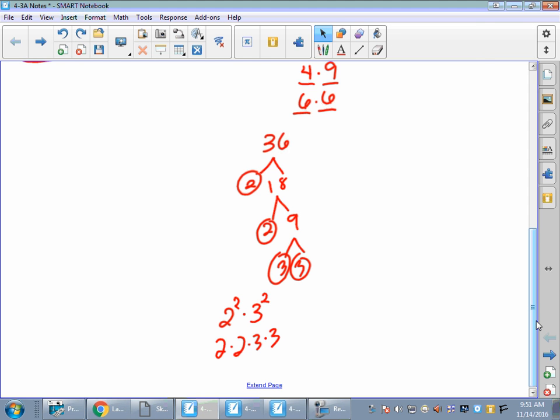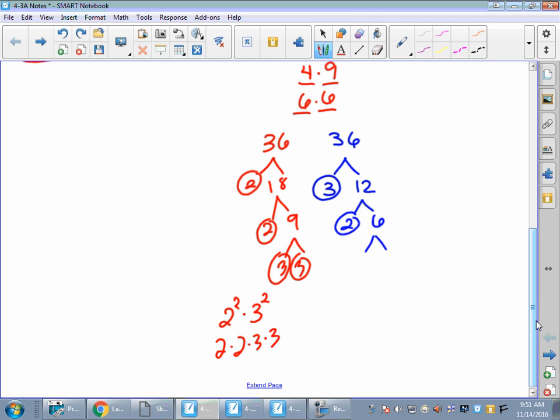If I took 36 and I decided to break it up into 3 and 12, this 3 is done. I could break 12 into 4 and 3 or 2 and 6. It doesn't really matter. And then the 6 could break down to 2 and 3. So in the end, when you're done breaking them up, I still get 2 squared times 3 squared.